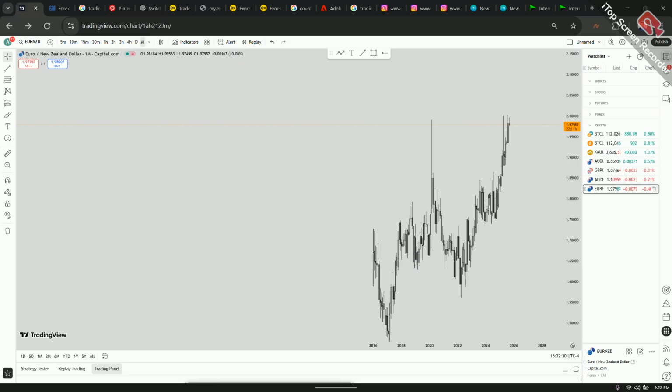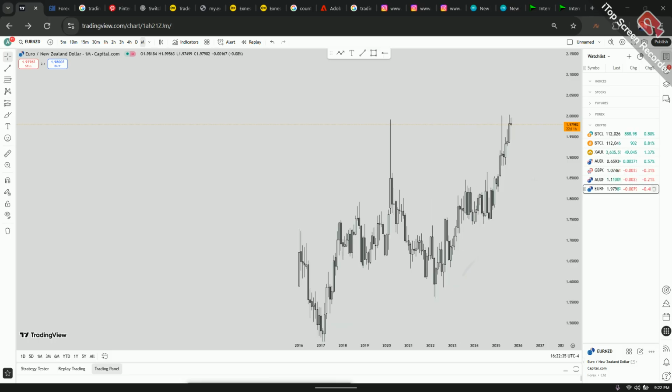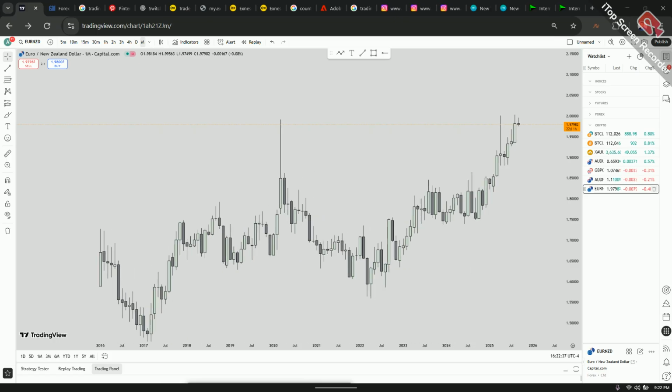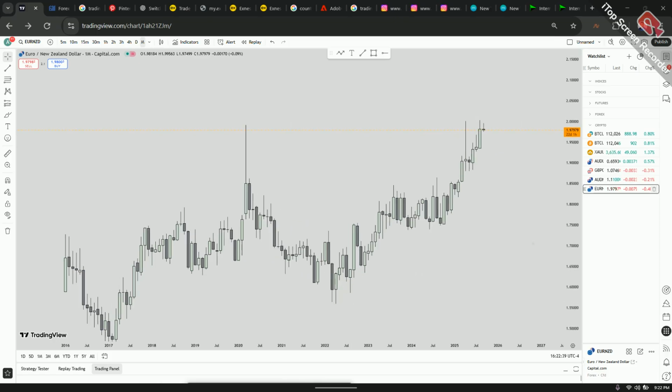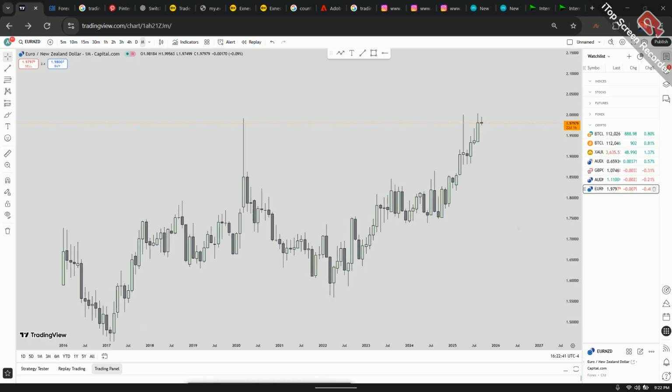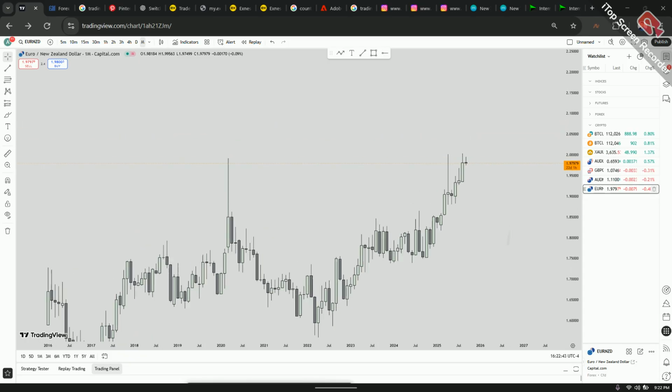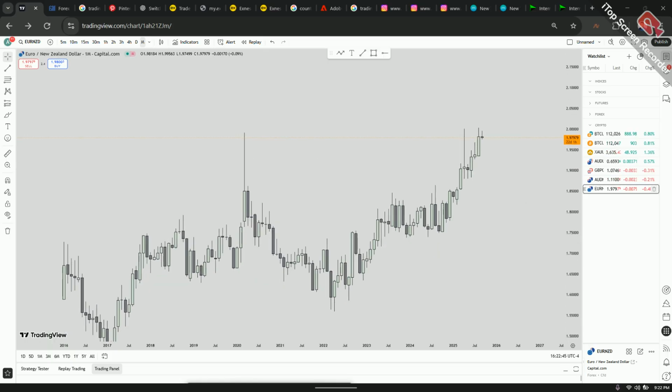So since we have seen what's happening here, we'll check for areas where there will be possible pullback, or there will be possible continuation of the trend.